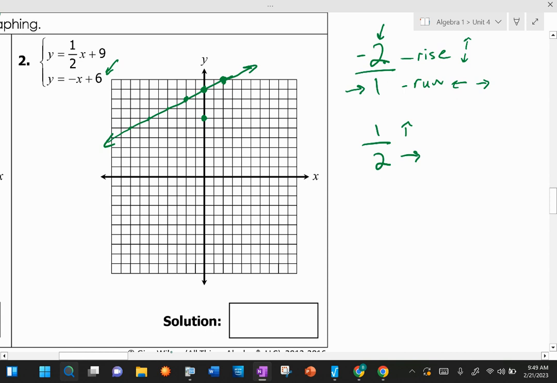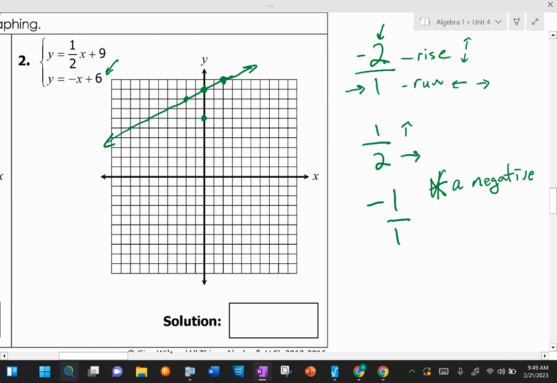Negative x. What is the coefficient in front of the x? A negative what? Negative 1 over 1. Please notice and take note. I don't know if you need to make a star, highlight, whatever you need to do.